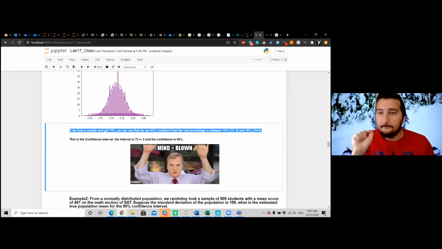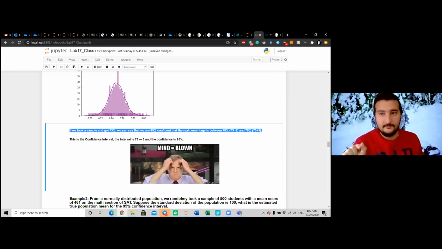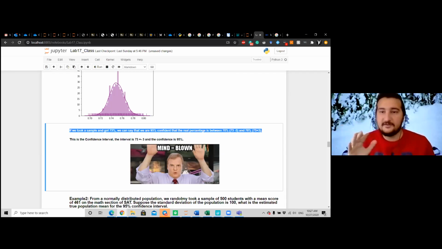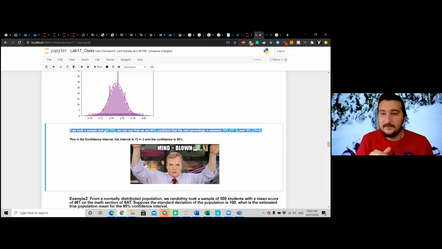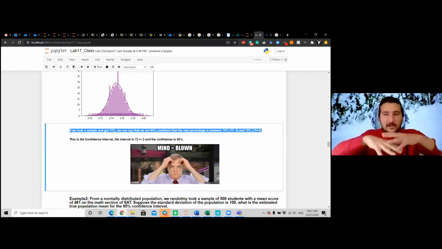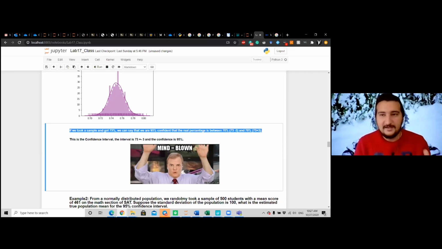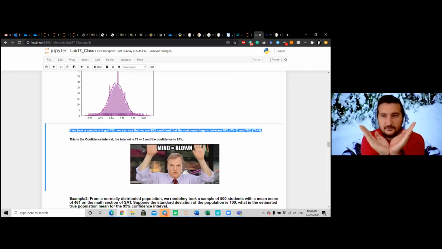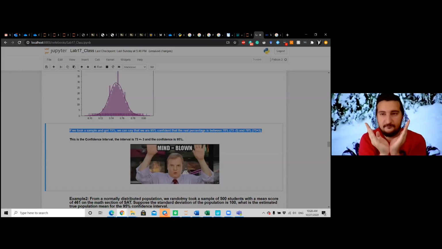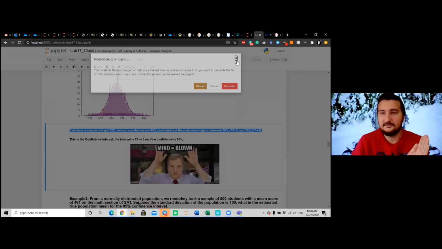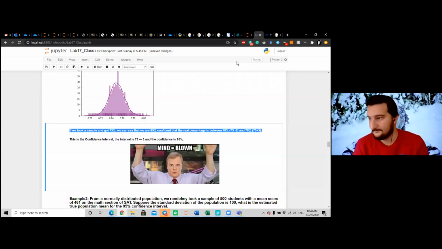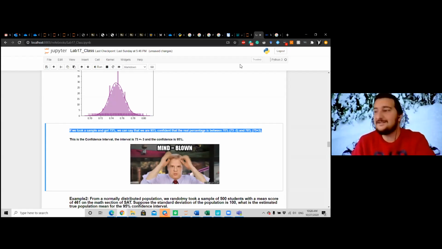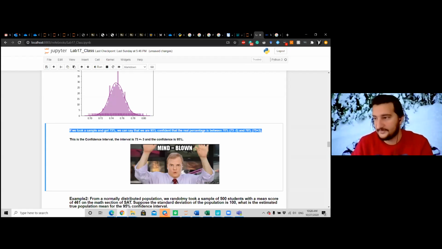So, based on that sample, and assuming that I have an understanding of the standard deviation of the population, I can say that I am 95% confident that the entire population of Italy has a mean of 70 to 76. So somewhere between these two numbers, I will find the real population mean. The 3 is percent in this case, but it really depends on what you're studying.